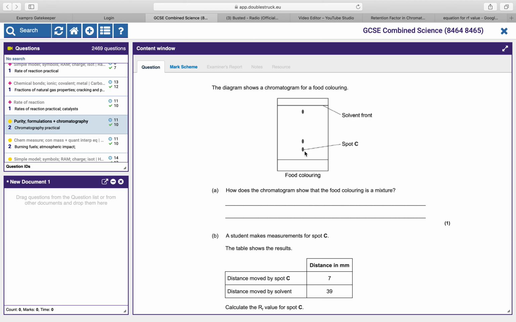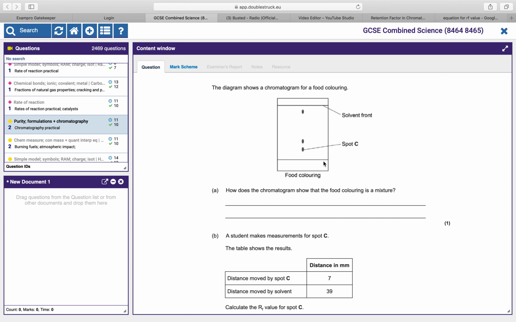You'll have your dots, which are the solutes, and then you've got this line here, which is your baseline. The baseline is where you draw it in pencil, and you draw it in pencil because you don't want it to mix up with your inks.